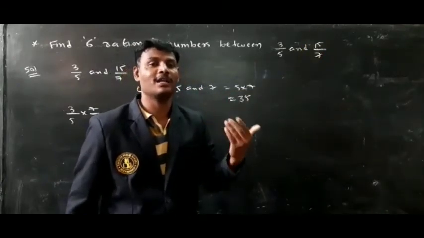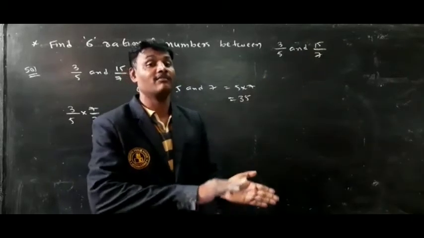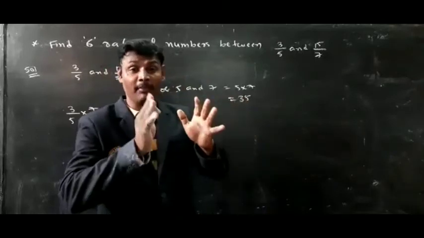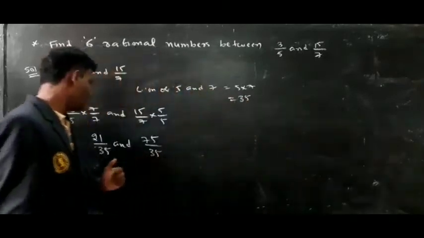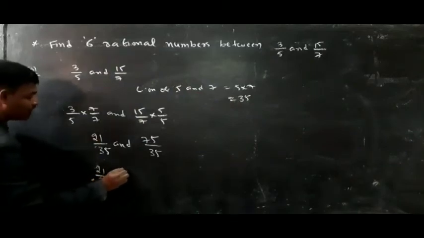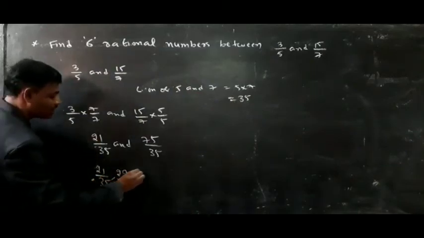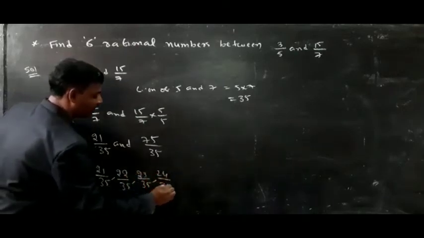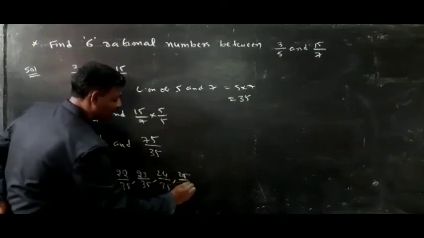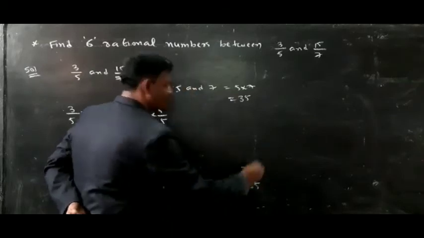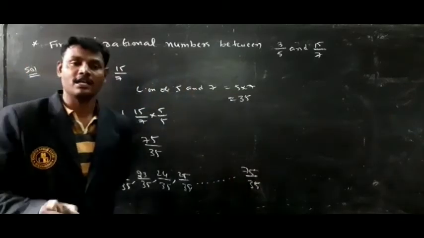To find the rational numbers between the two numbers I am converting into like fractions by taking the LCM of denominators. Now, after 21 by 35, we can write 22 by 35, next 23 by 35, 24 by 35, 25 by 35. We can write it up to 75 by 35. So, this is the process to find rational numbers between two rational numbers.